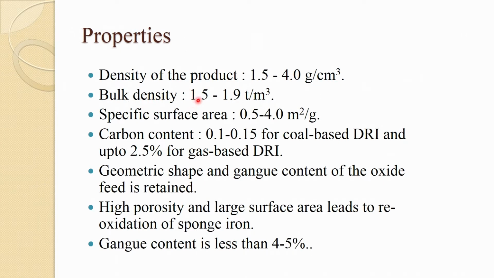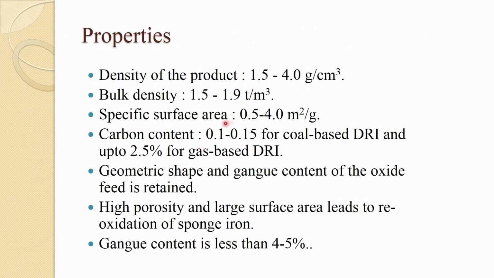Bulk density is 1.5 to 1.9 ton per meter cube. Specific surface area is about 0.5 to 4 meter square per gram.